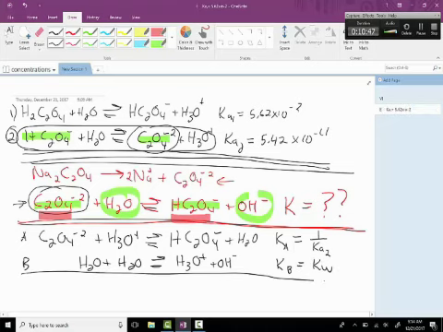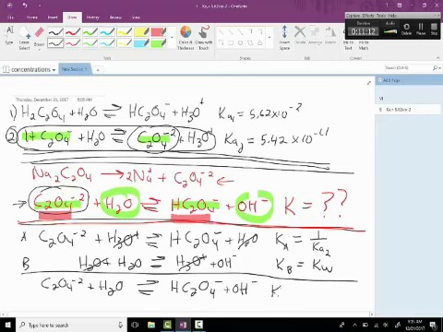And when I add them now, water cancels here and here, H3O plus cancels, and I get C2O4 minus 2 plus water in equilibrium with HC2O4 minus plus OH minus. That's exactly what I want.